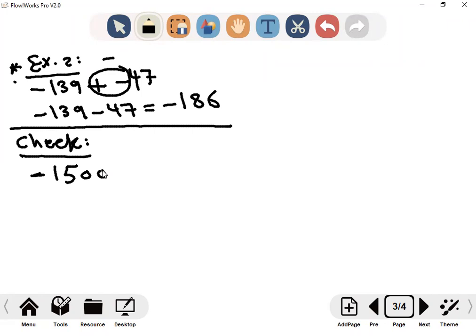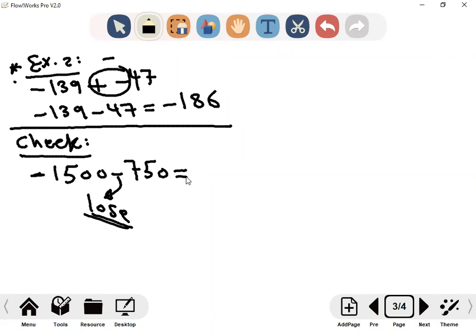Should I write plus 750 or minus 750? Minus. This minus is from the word lose. Got it? How much? 750.